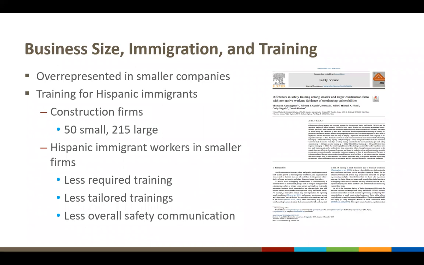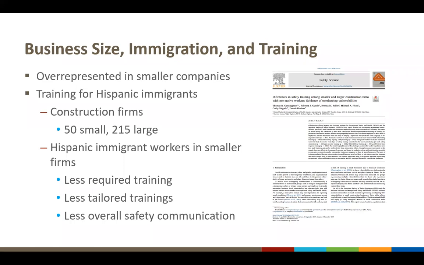And so we knew from the report we did that Latino immigrants were overrepresented in smaller companies. And so we sent out a survey to 50 small construction firms and 215 large ones who had employed Hispanic immigrant workers.